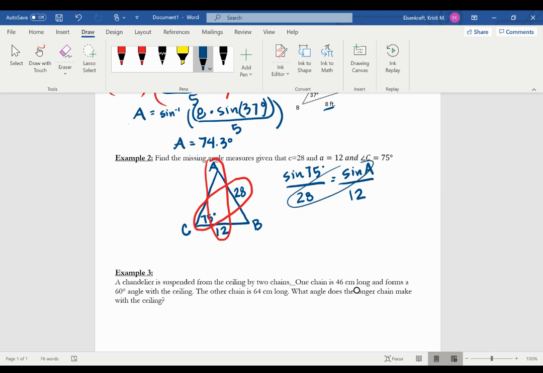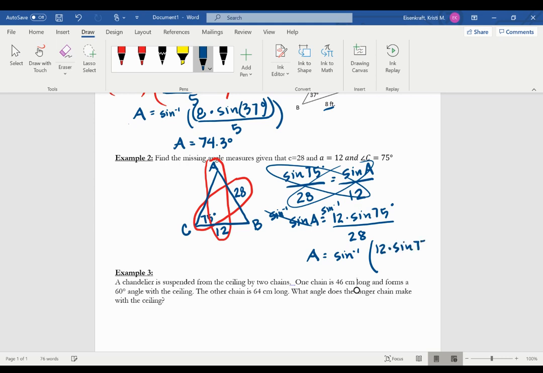Cross products tell us that sine of A is equal to 12 times sine of 75 degrees, all divided by 28. Inverse sine of both sides gives us angle A, which is equal to the inverse sine of all of this, 12 times sine of 75 degrees, all over 28. And again, parentheses on your calculator, you would need these, and then these.